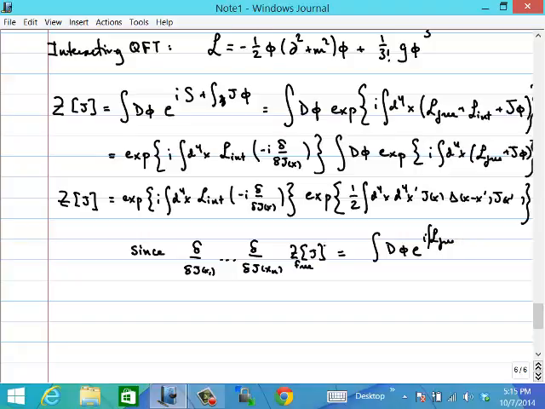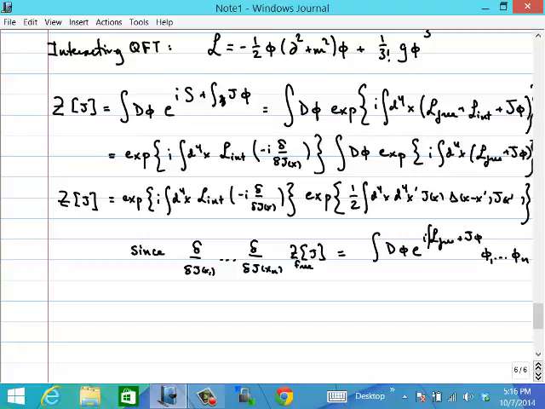We don't even need to evaluate it at j equals 0. You just get the integral with this interaction term of the insertion of a bunch of phi's. Okay, is that clear, more or less?